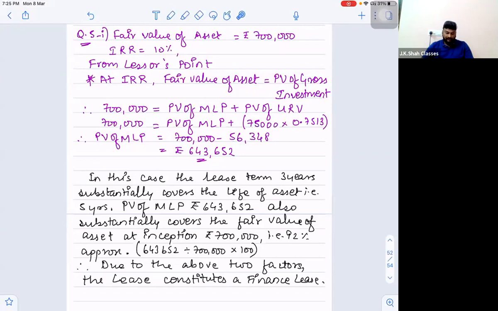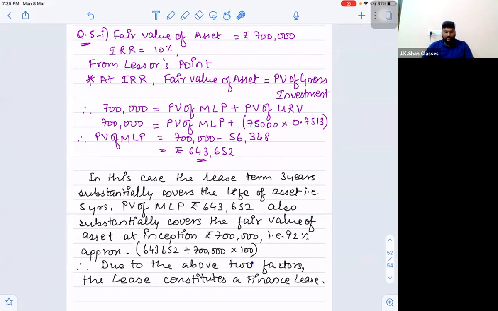One point is fulfilled. Full stop. Present value of MLP 6,43,652 also substantially covers the fair value of asset at inception 7 lakhs. That is 92% approx. So we are showing the calculation 6,43,652 divided by 7 lakh into 100. So we are basically calculating the percentage over here.